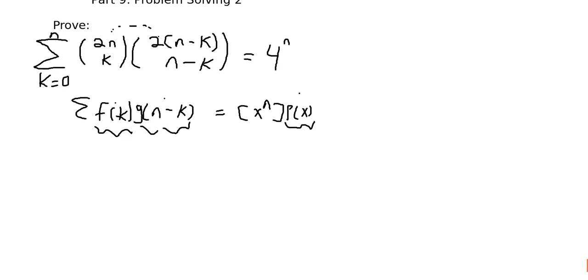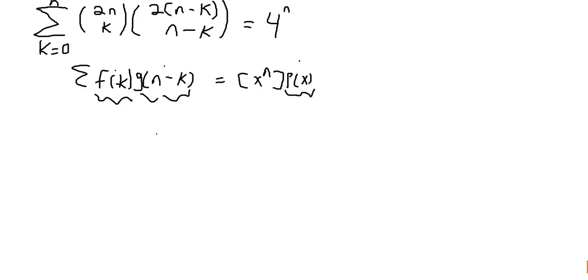But we're lucky here because we know that f and g are actually the same function, because we're taking the same thing, but just substituting in n minus k. So what I'm saying here is that we have the same function f, and if we multiply it with itself, we get p of x.